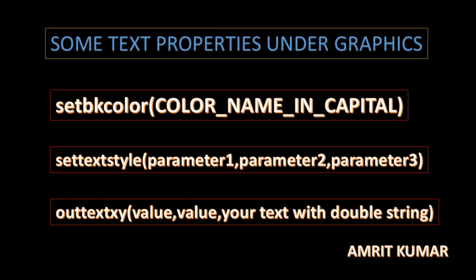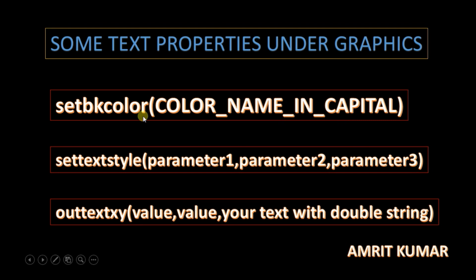So here are the properties, we can say the text properties under graphics, which are going to help you in making a graphics project in C language. This is setbkcolor, which sets the background color, and here you need to specify the color name in capital letters.